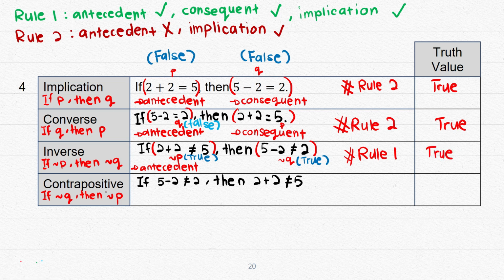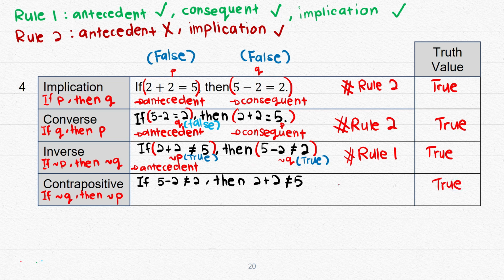Now for the contrapositive, can you do it by yourself? What is the answer? Can you tell me? Is the contrapositive true or false? True. Great, this is true. Which rule do you apply?